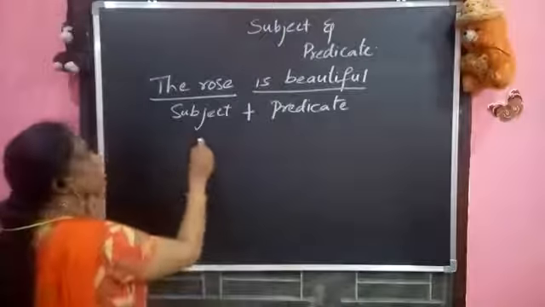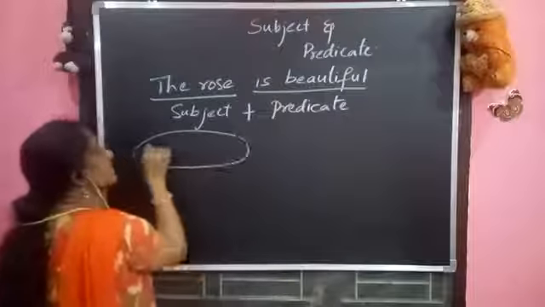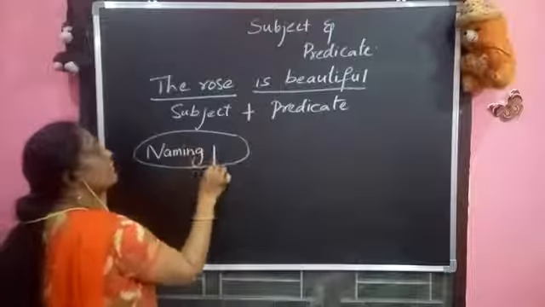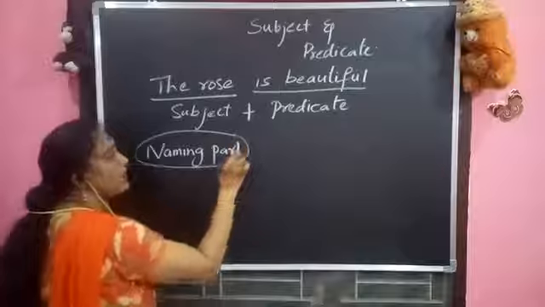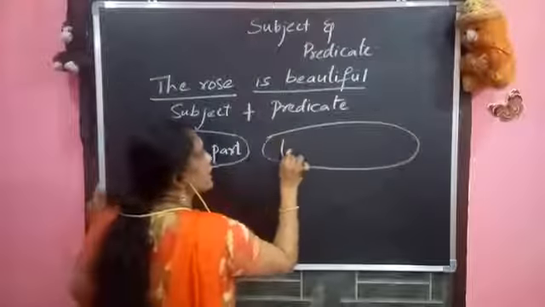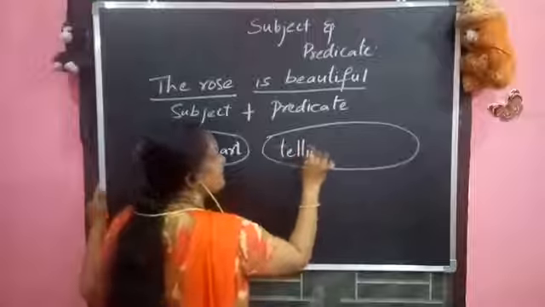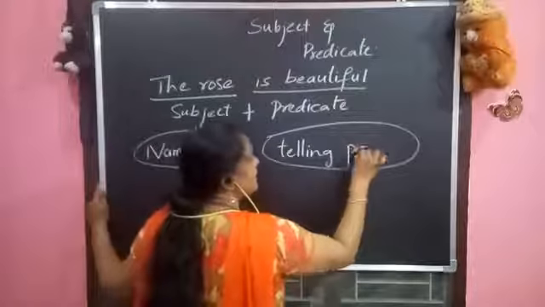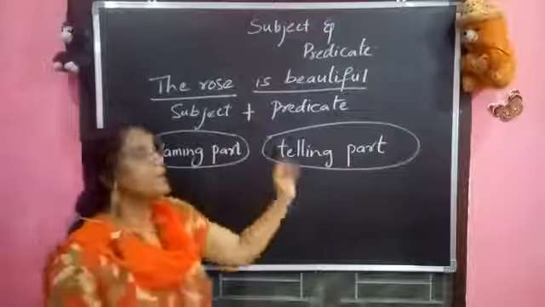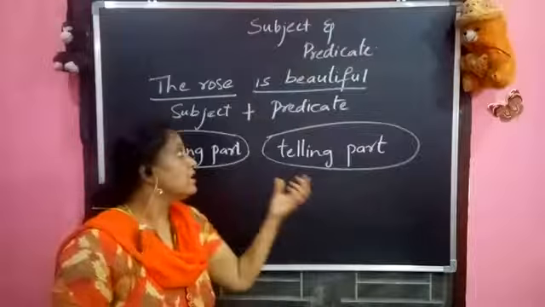We also call the subject part as naming part. Means all the names what we are using will be written in the naming part, and about the naming part they will be telling in the telling part. Naming part and telling part. So subject is called the naming part and predicate is called the telling part.